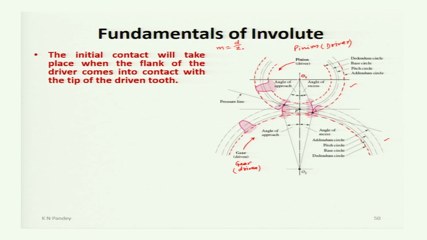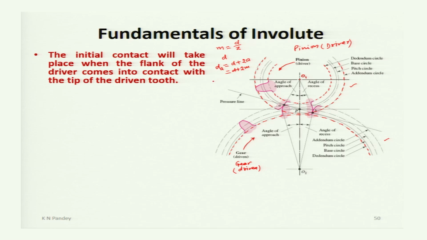So, if number of teeth is known and module is known, then you can find the pitch circle diameter D. Knowing the pitch circle diameter, you can get the addendum circle diameter da, and that will be pitch circle diameter plus 2 times addendum, and standard addendum is equal to 1 module, and so it will equal D plus 2m. So, you can find the addendum circle diameter like this.